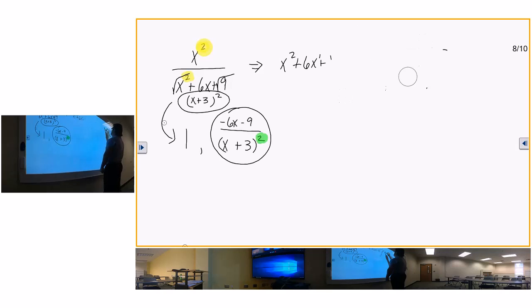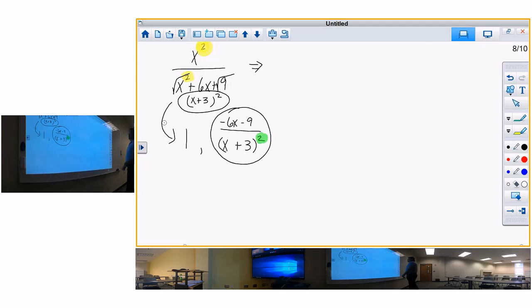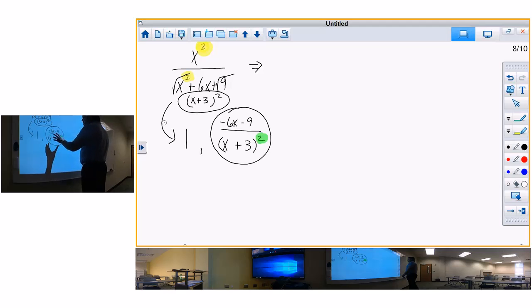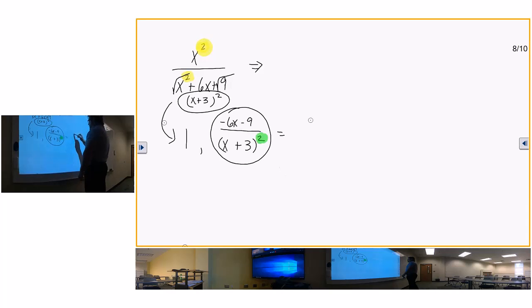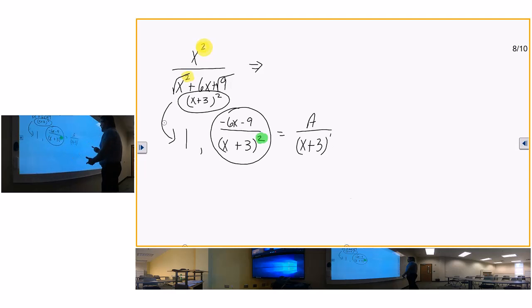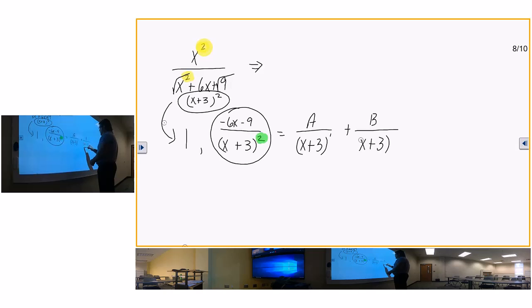We're going to set this up. When you've got something that is raised to the second power on the bottom, x plus 3 quantity squared, you have to set it up like this. A over x plus 3 to the first power, which is x plus 3, plus B over x plus 3 to the second power.